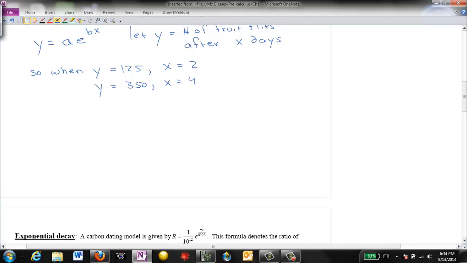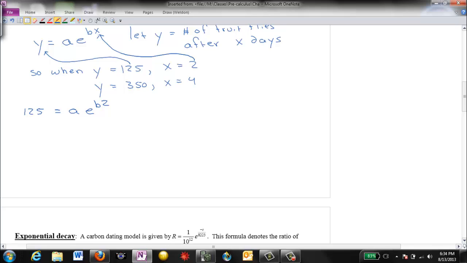Here's what I have. Based on these two pieces of information, I have two equations. 125, right, is y equals a times e to the b times 2. Right, so all I did was I took these two pieces of information and I plugged it in, one for y, and then I took this 2 and I plugged it in for x.